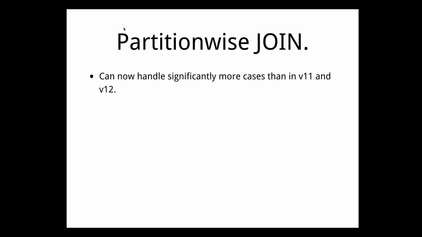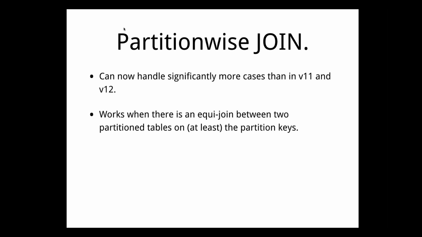In version 11 and 12, there were improvements to this. This happens when you are joining two partition tables against each other with an equijoin, that is to say the equality operator, and you're using the partition keys as part of the join. You can imagine an order table and an order items table where it's being partitioned by, say, order number or date. There are significant improvements in the performance of this.